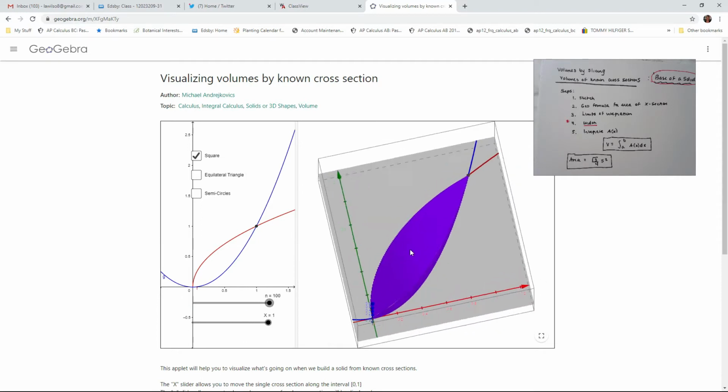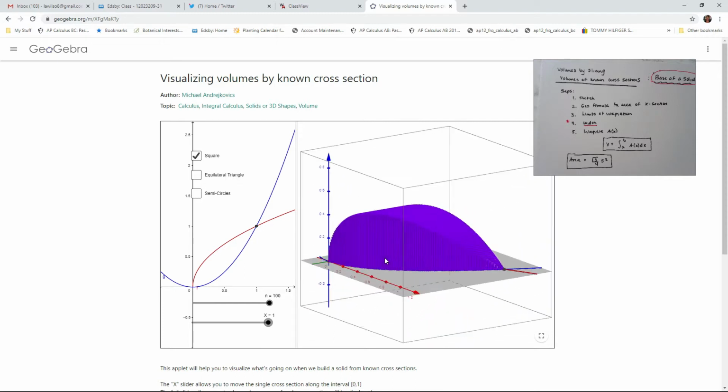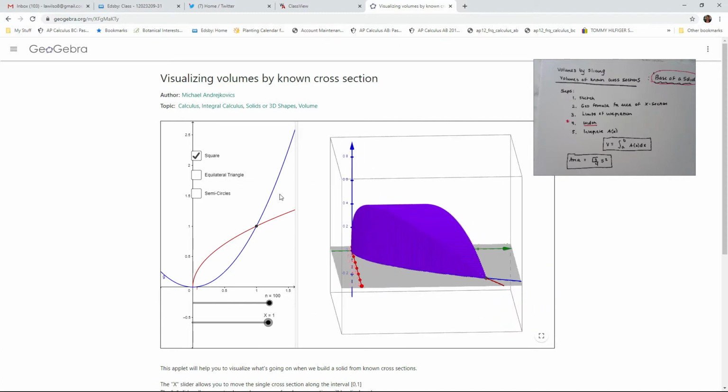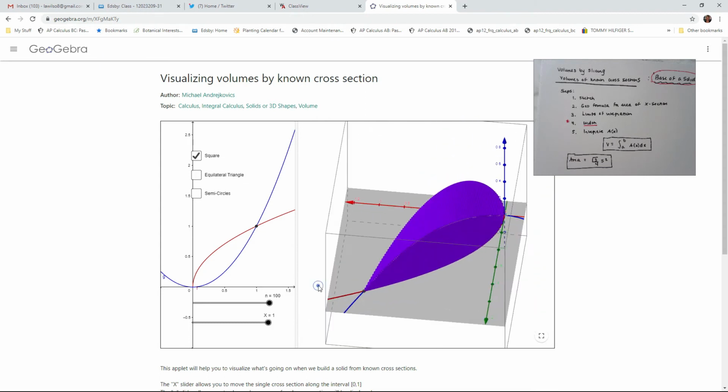So on your AP exam, you'd see a picture that looks something like this. It's just going to look flat, a topological view. But in reality, if we slice perpendicular, let me remove these for a second. Stop spinning.